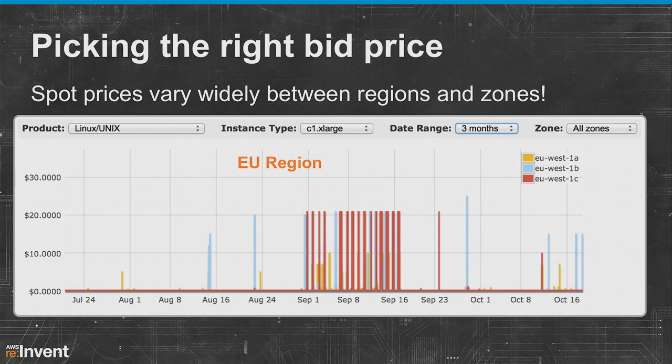And also a tip for people who have multiple accounts. You probably are already aware that zones are tagged differently on different accounts. So if you do an analysis on zone 1E on one account, it may not be 1E on the second account. So make sure you match accounts, and you make sure that you're talking about the same zones when you pick the bid prices.